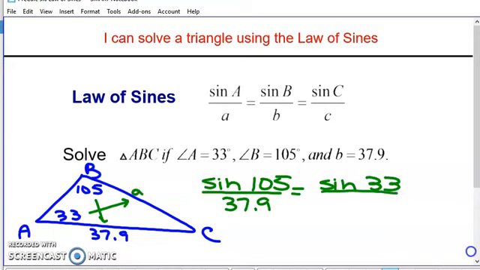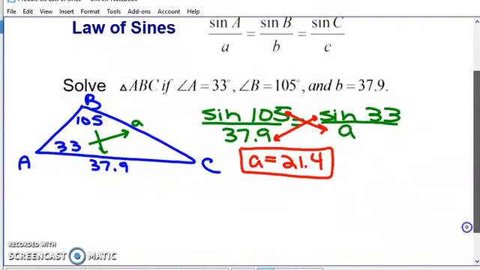So just put an A here. And I'm going to cross multiply just like I did before. I won't do all those steps for the sake of time. But we should end up with 21.4 when we do that.